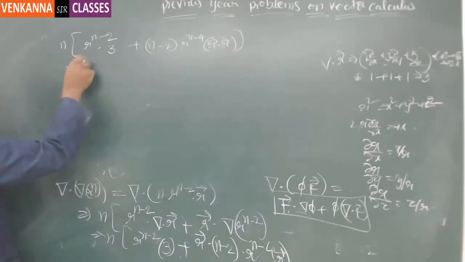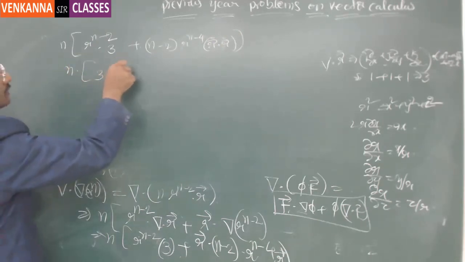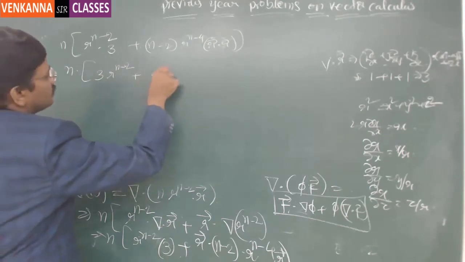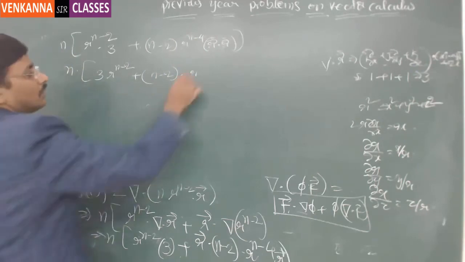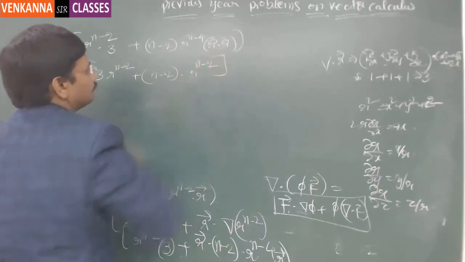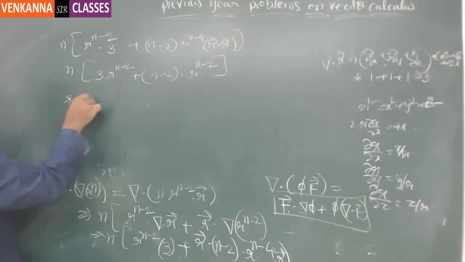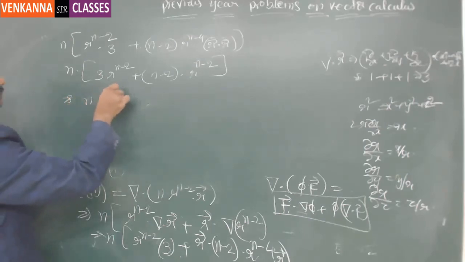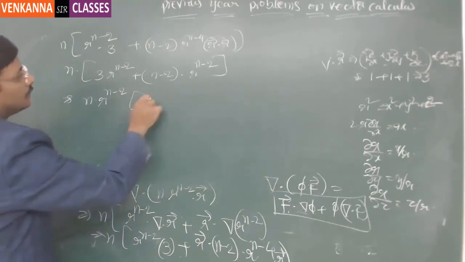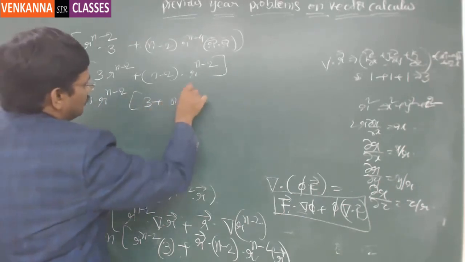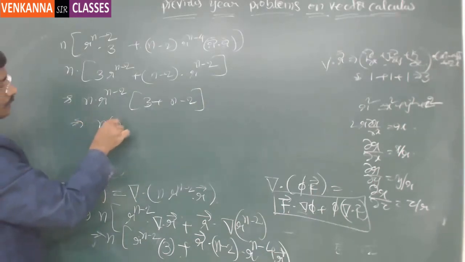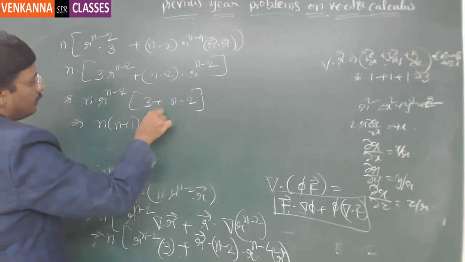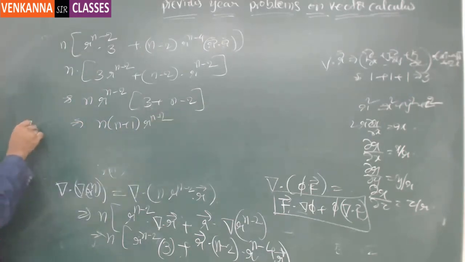Now this is n into 3 times r power n minus 2 plus n minus 2 into r power n minus 2. So this is n into r power n minus 2 into 3 plus n minus 2. So this is going to be n plus 1. So n into n plus 1 into r power n minus 2. This is the value of del square r power n.